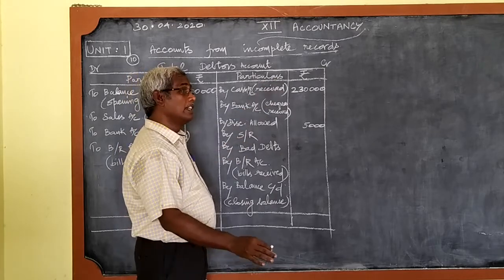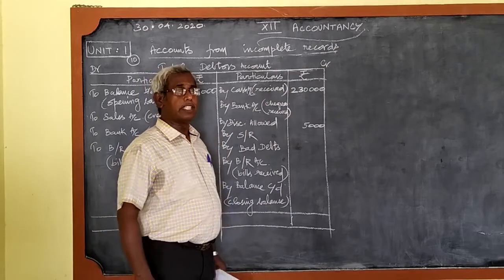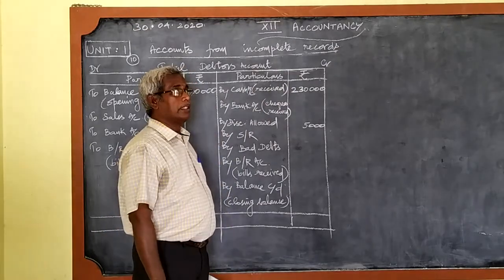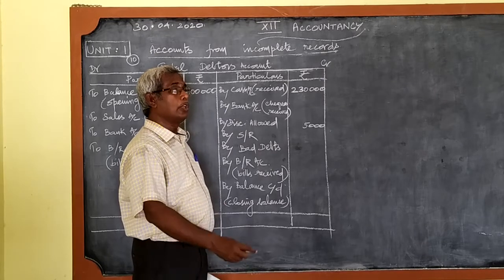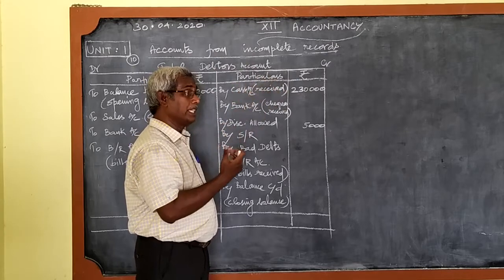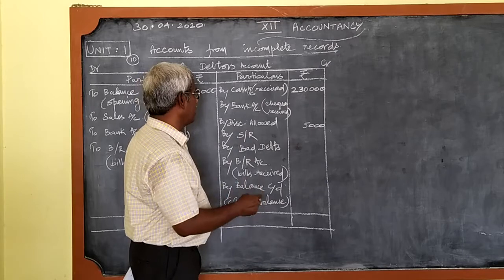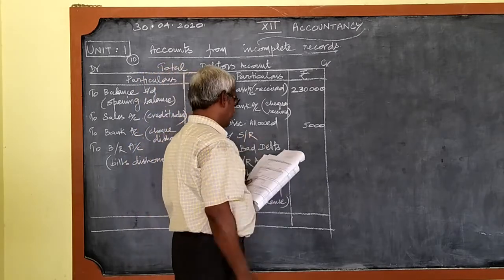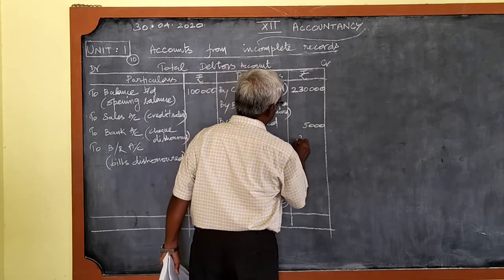So it is returns outwards. Once we sell the goods, if the buyer is not satisfied, the sold goods will be given back. That is, it will come in. Therefore, returns inwards is otherwise called sales return. So returns inward, sales return, 25,000.